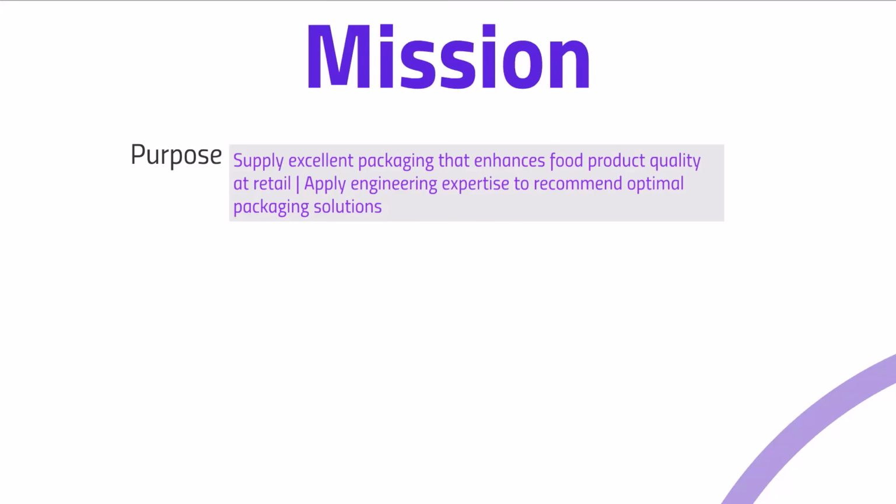And for consultancy clients, it's to apply engineering expertise to recommend the most suitable solution. Both are premium positioning statements. Neither says cheapest or fastest. So that's a really quality-led purpose that goes through everything that Cartn does.